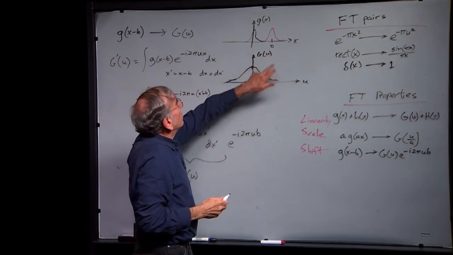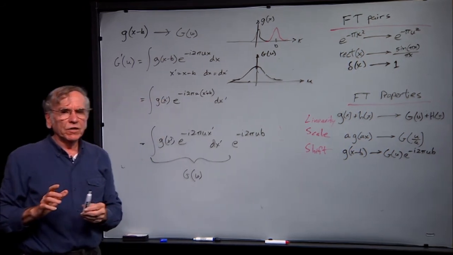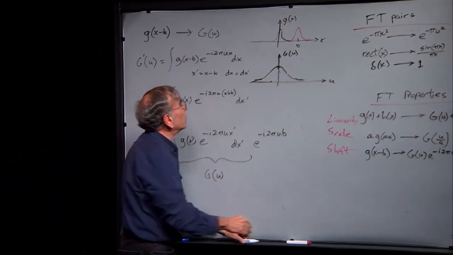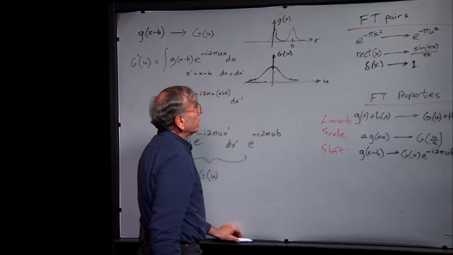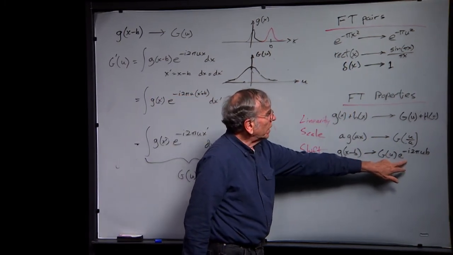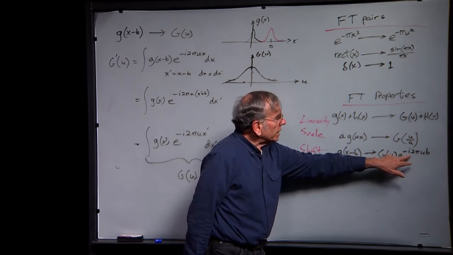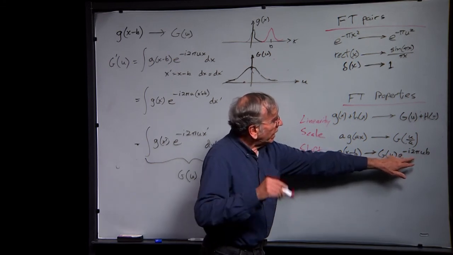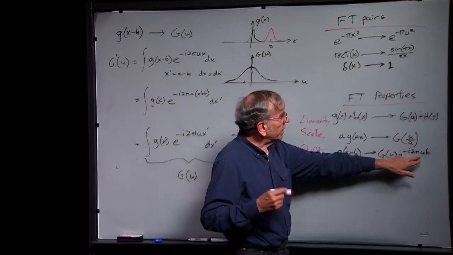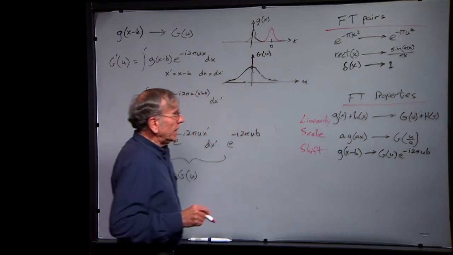Okay, so what about this one? If g of x is equal to this shifted function, what's the situation? Well, it's exactly the same G of u, but it's multiplied by this complex exponential. This complex exponential is periodically changing with frequency b.